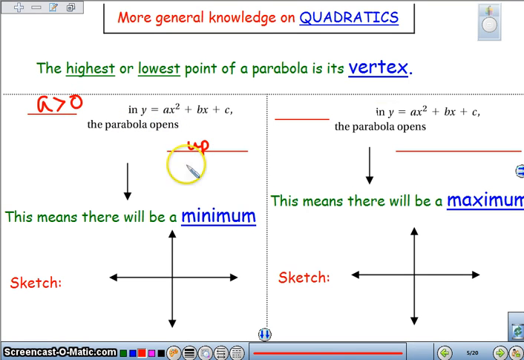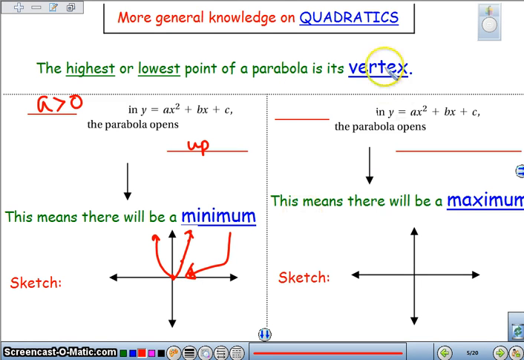An example of this is down here. So our parabola opens up, and if we were sketching it, you might have some points like this, and they're going to be symmetric exactly on the other side. This is our minimum point.